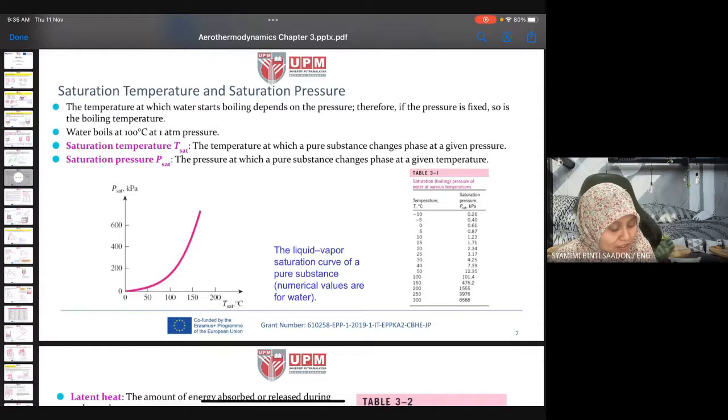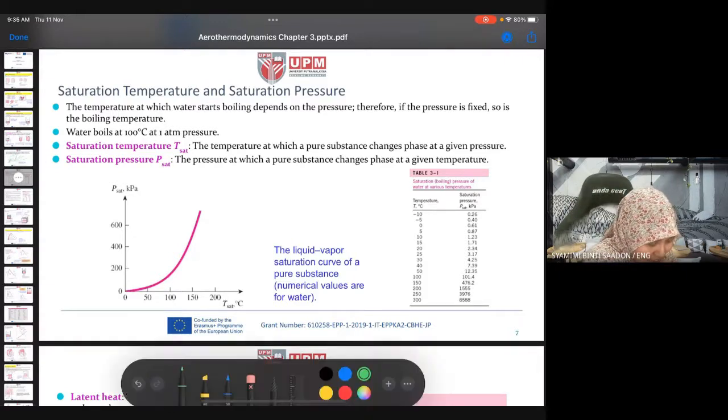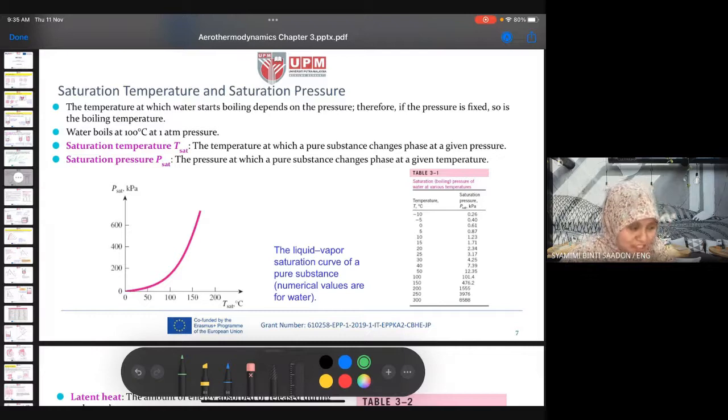Okay. For this one, usually I'll use another diagram. But yeah, okay. Saturation temperature and saturation pressure is like the saturation, right? The definition of saturation is like the maximum, or the peak point.